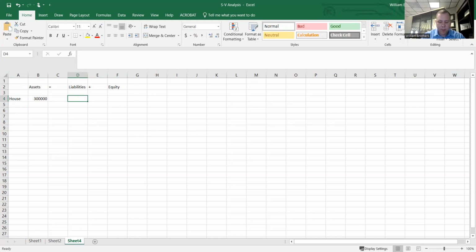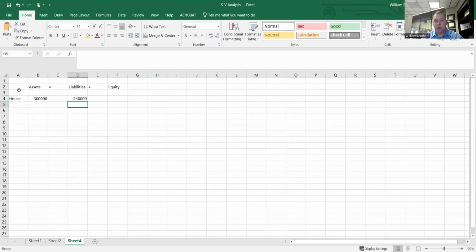That means that I would have financed or taken out a loan for the remaining 80% of the balance, which means that if I take my 300,000 and multiply it by 80%, I then had a loan of $240,000.